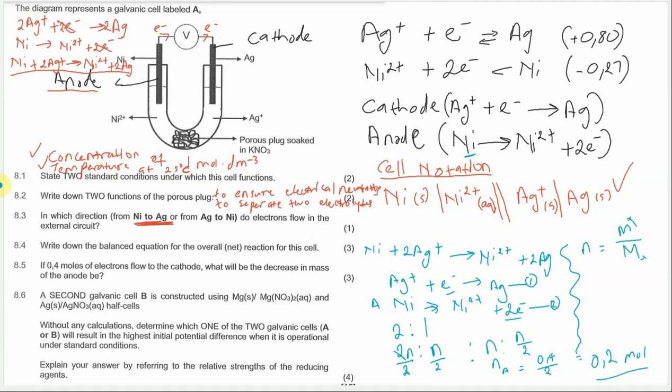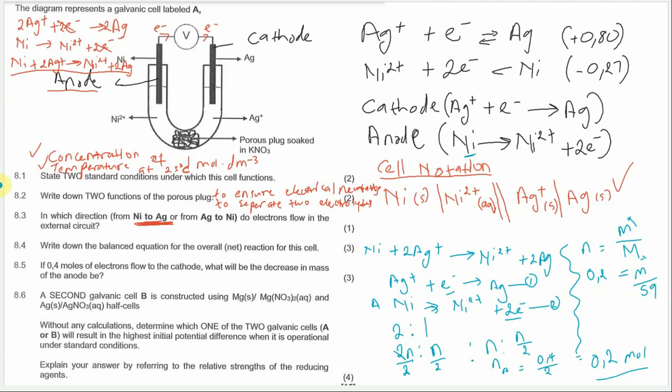So you will have 0.2 equals the mass, which you're looking for, over the molar mass, which is 59. That's the molar mass of the nickel, right?